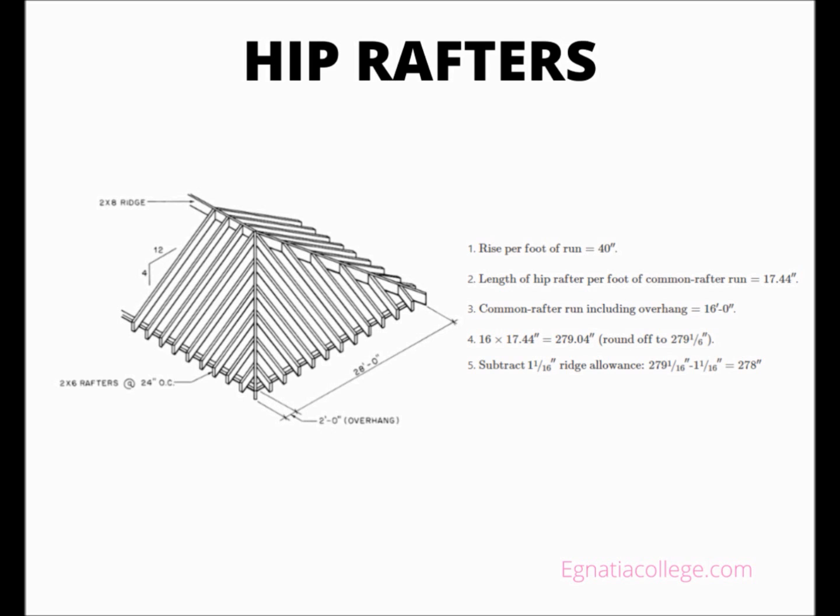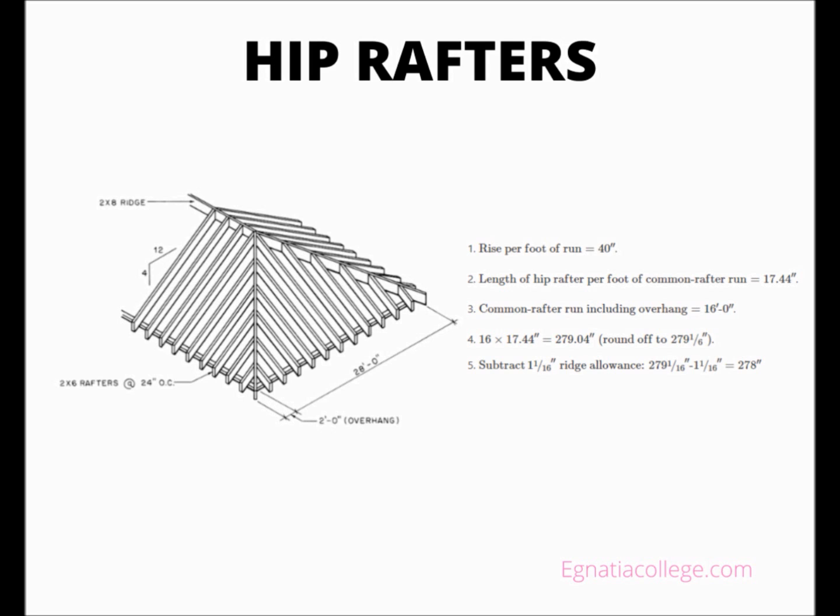Common rafter run including overhang is 16 feet. 4. 16 times 17.44 inches equals 279.04 inches. 5. Subtract 1 1/16 inch ridge allowance, 279 1/16 inches minus 1 1/16 inch equals 278 inches.